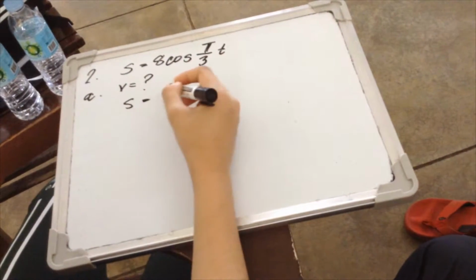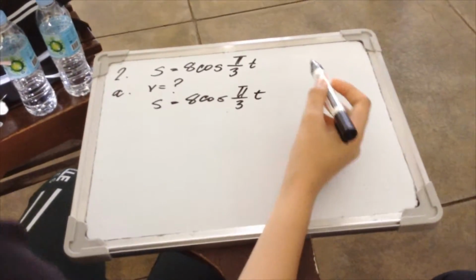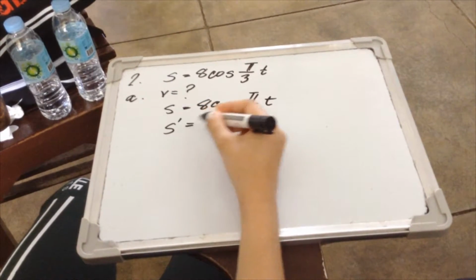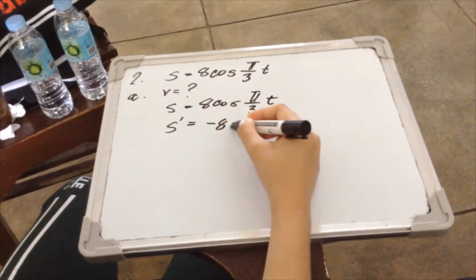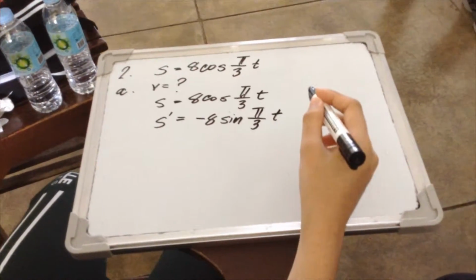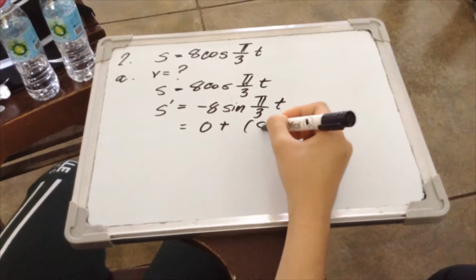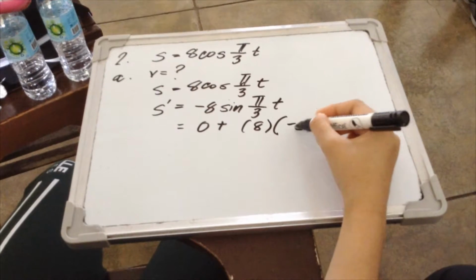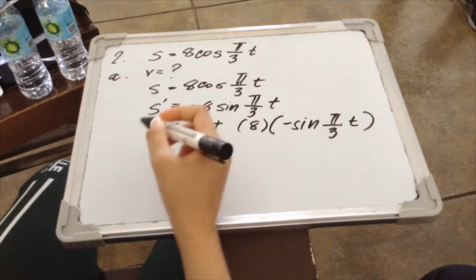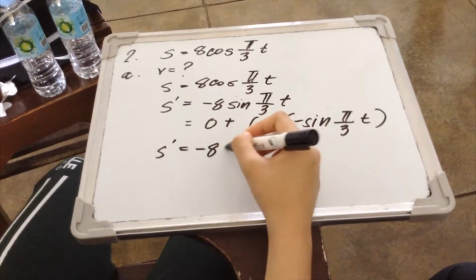Given the equation s equals 8 cosine pi over 3 times t, we have to find the derivative of that equation, and that will be, solving, 0 plus 8 times negative sine pi over 3 times t, equals negative 8 sine pi over 3t.